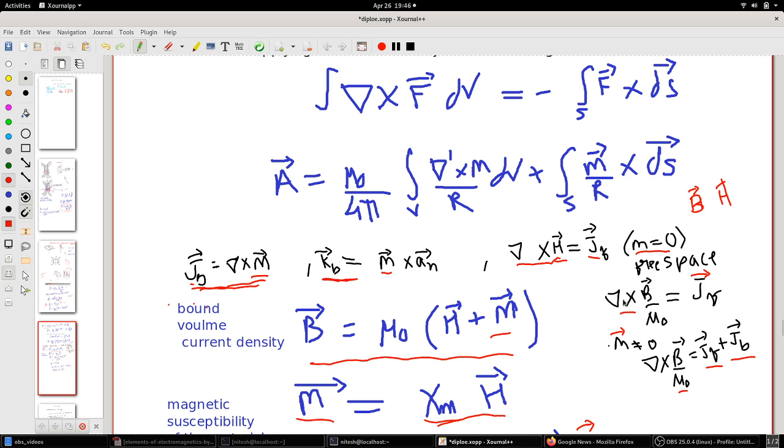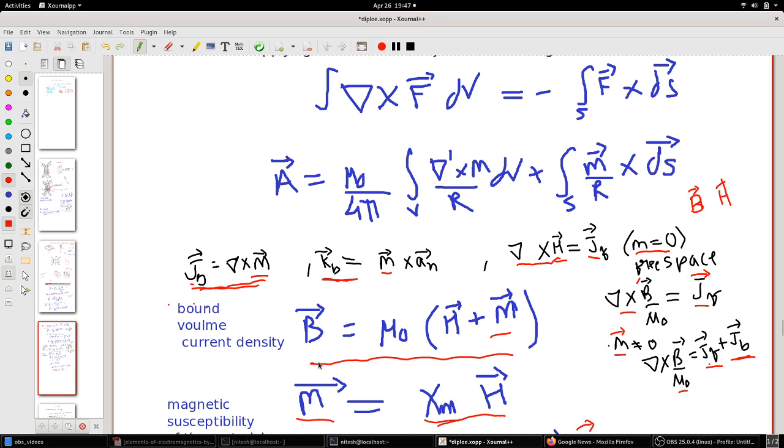So del cross B by mu 0, which is the external magnetic field, will be equal to JF in free space. The moment you enter a material, all your magnetic dipole moments have aligned in a certain direction, so you get a non-zero M. Del cross B by mu 0 becomes equal to JF plus JB. JB is the bound volume current density, and JF is the free volume current density.